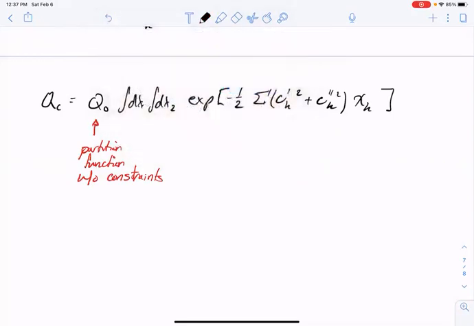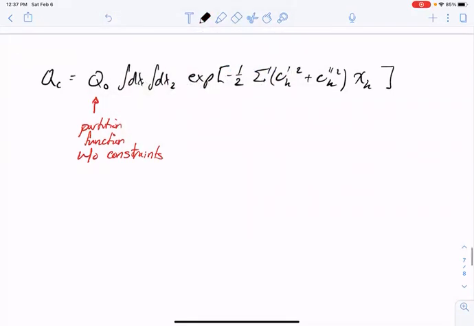All right. Now we introduce those real and imaginary components of C's and H's because this simplifies this subsequent step dramatically.